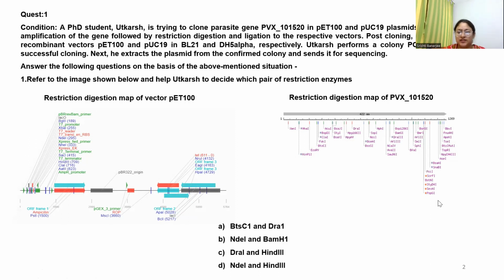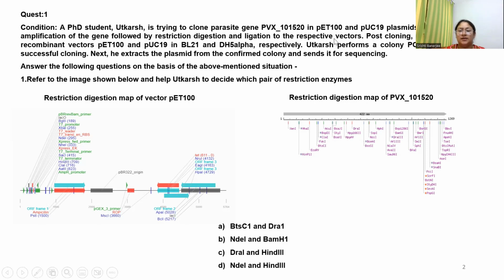Suppose you have a gene X and you need to transfer it to a cell Y. For that you need a carrier for transporting it, and that is a vector or a plasmid. Here we have the gene PVX, which we have to clone. Cloning means to develop multiple copies of one thing, generating multiple copies of the same thing.